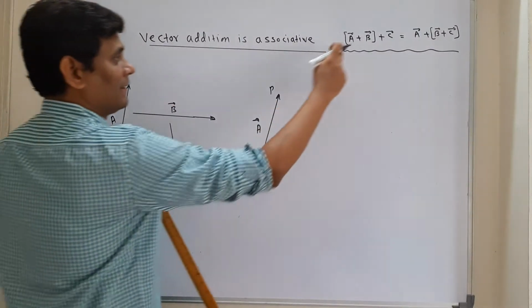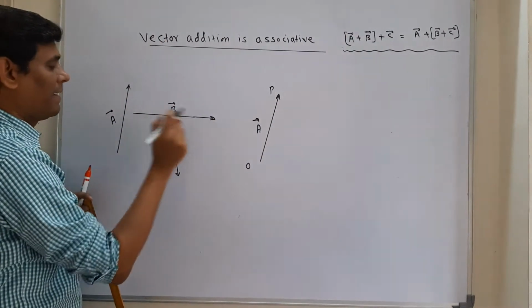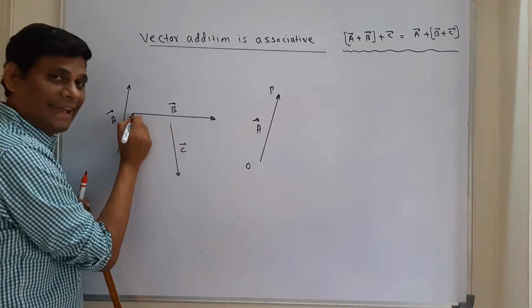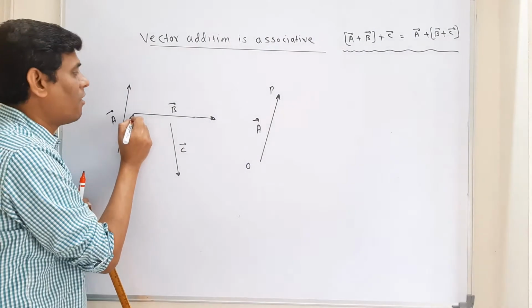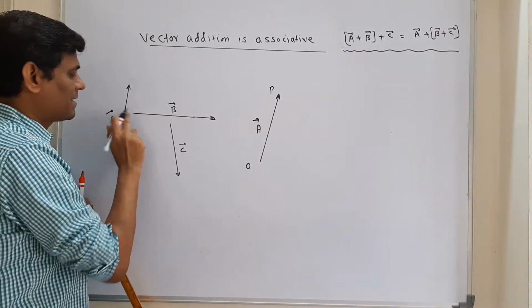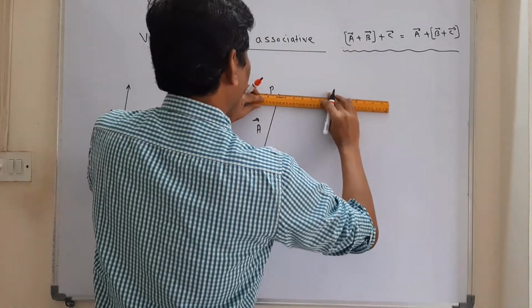Then second vector B. How to take vector B? The tail of this vector must be on the head of this vector. So we will take it here.